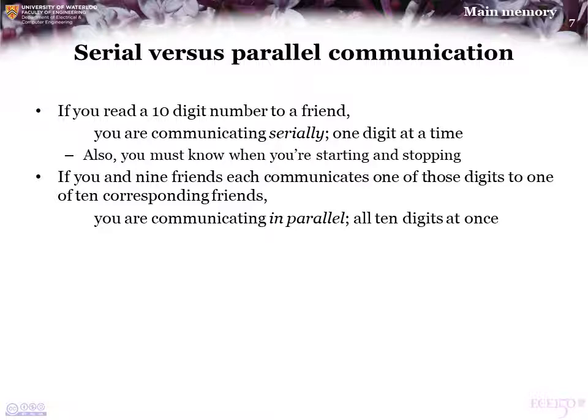This is described as parallel communication because each of the 10 digits is being sent over in parallel, or at the same time. Serial communication is much cheaper because you only need one line. However, parallel communication is significantly faster.